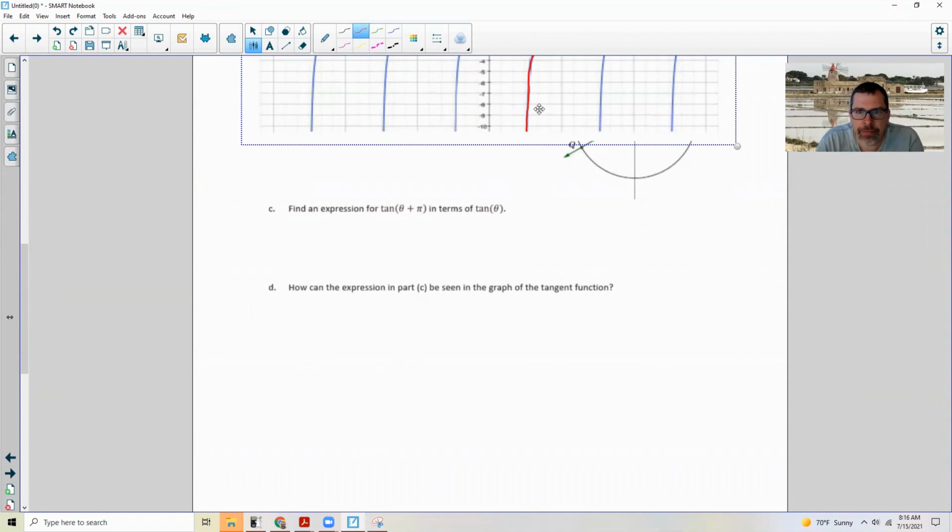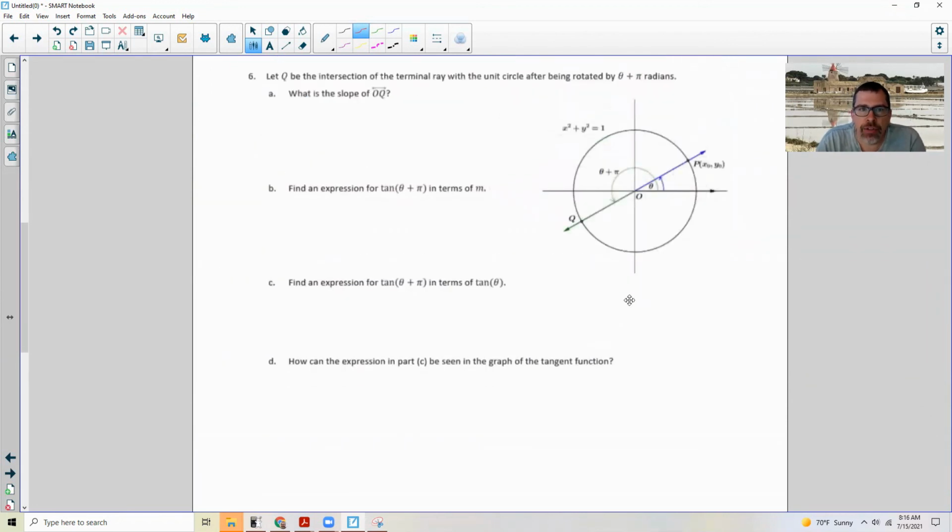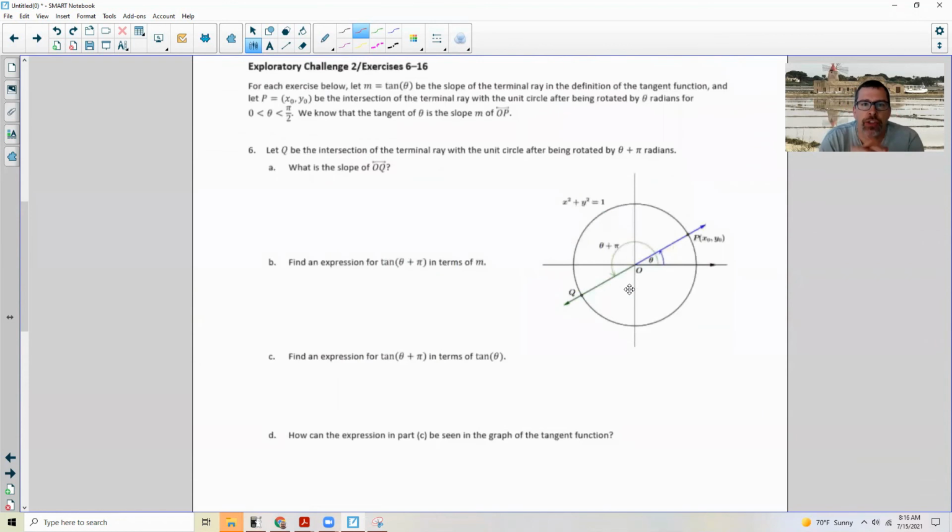Let's get rid of that. Let's get rid of this. All right. So exploratory challenge 2, exercises 6 through 16.